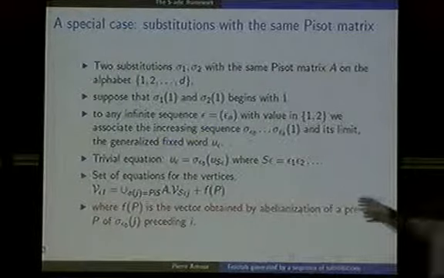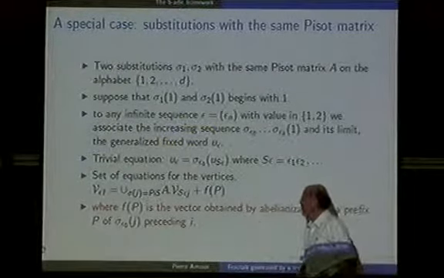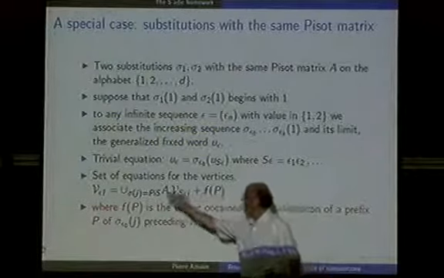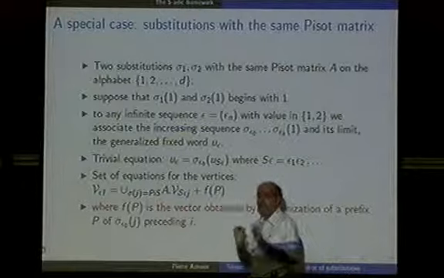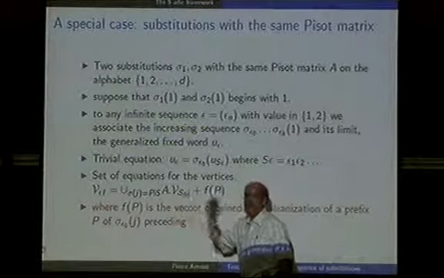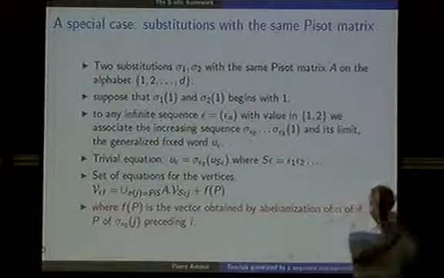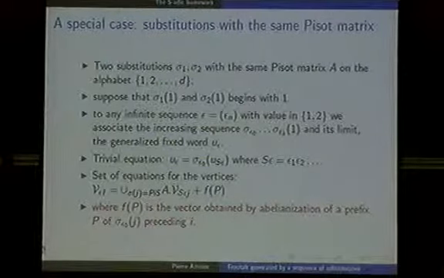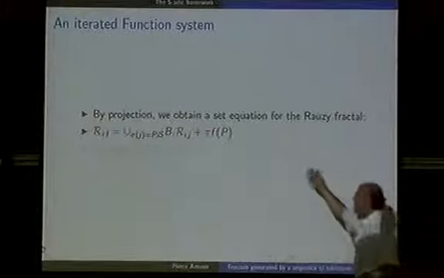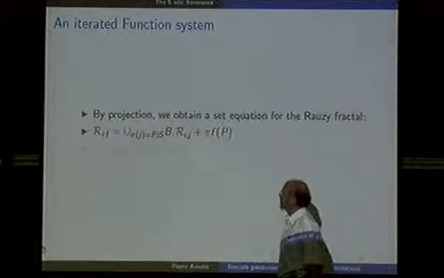And f_p is the abelianization of the prefix of epsilon 0. So the explicit set equation depends only on epsilon 0, and this depends only on s epsilon. We have separated epsilon 0 and the rest. So in this way, we can obtain, by projection of the contracting plane, this set equation.